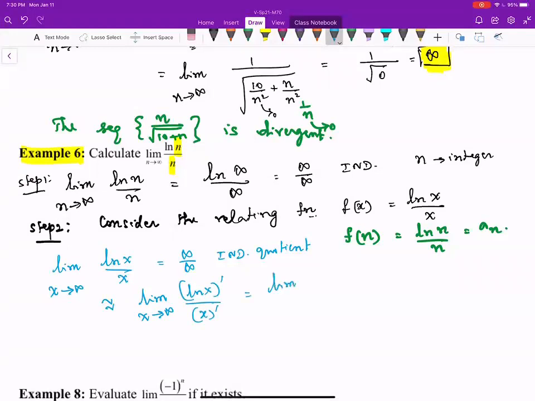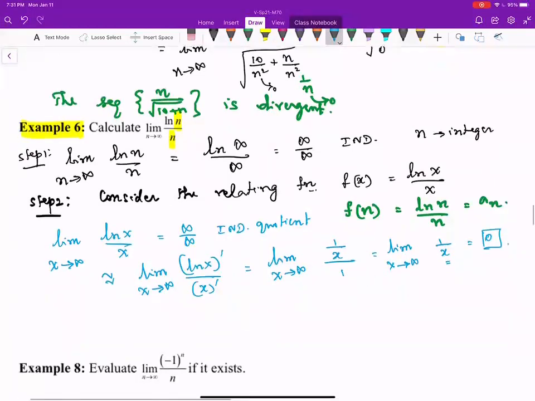The derivative of the numerator is 1 over x. The derivative of the denominator is 1. So it is just the limit as x approaching infinity of 1 over x, which is 0, because x is approaching infinity. 1 over a large number equals 0.